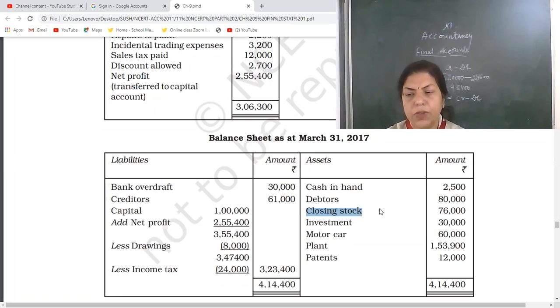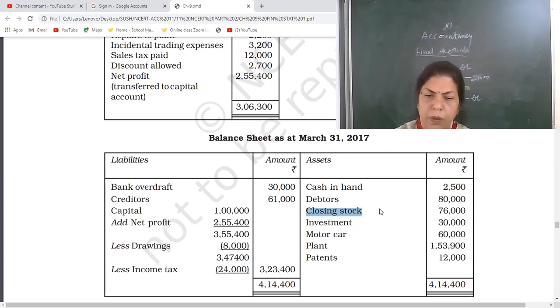If that is given outside the trial balance, then we should enter it on two sides: one, credit of trading, another, asset. But here this is given only on one side, that's why it is to be shown on the asset side. Closing stock is an asset and patent is an intangible asset.